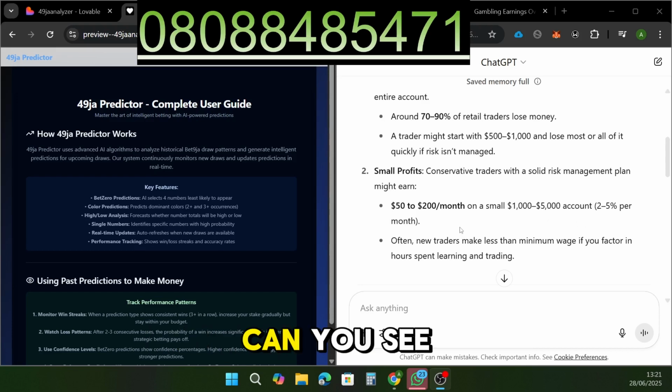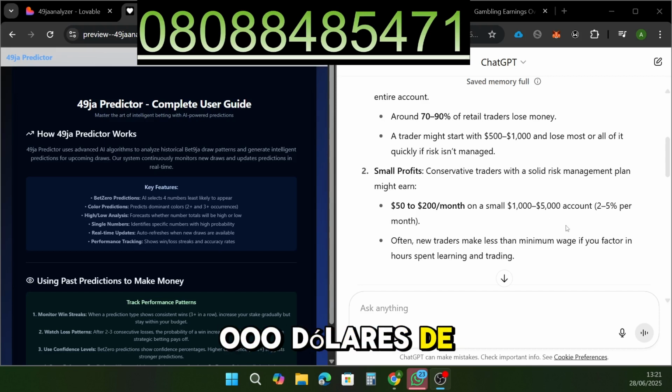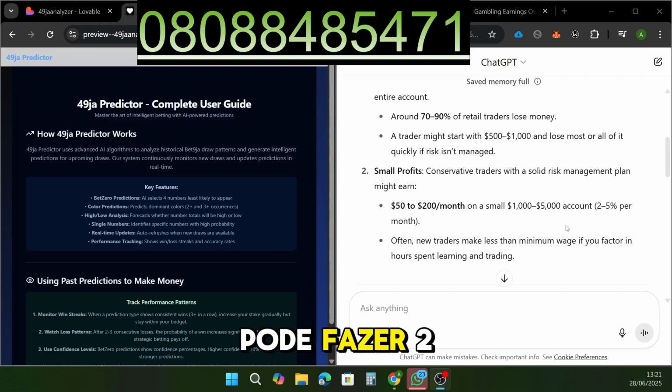So an average good trader who starts with $1,000 or $5,000 can make 2 to 5% every month. If a good trader is targeting 2 to 5% every month, then for a gambler, it's easy to also target this kind of amount every month. It's very, very possible, and you will be able to risk a lot.